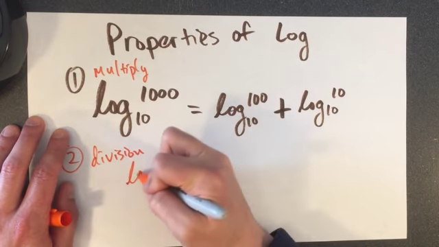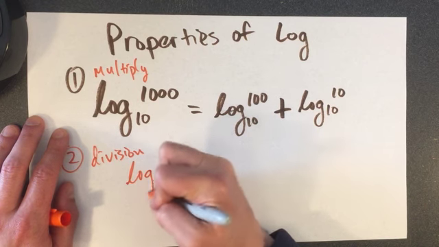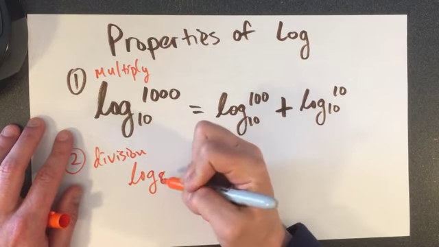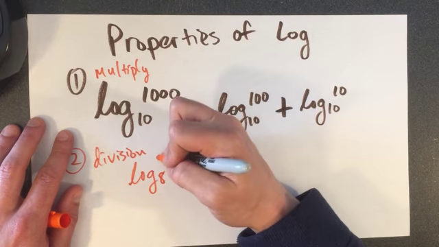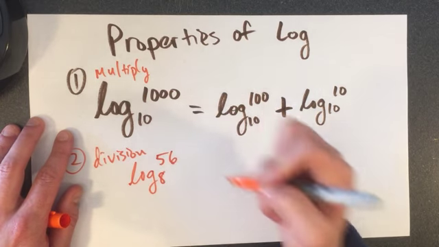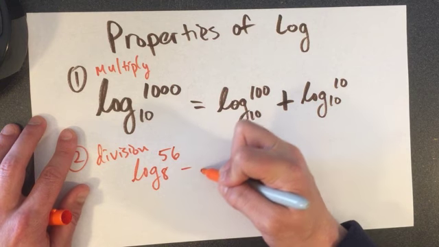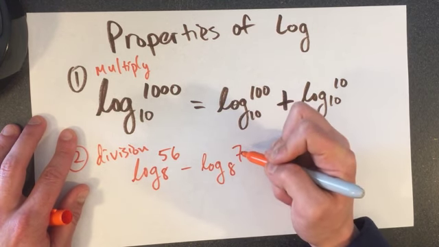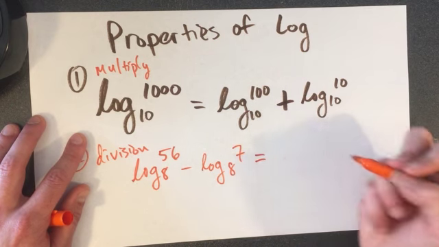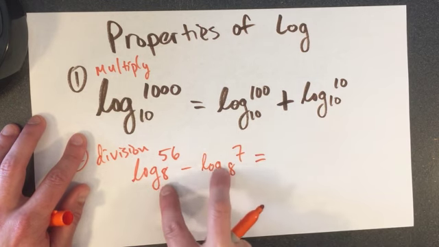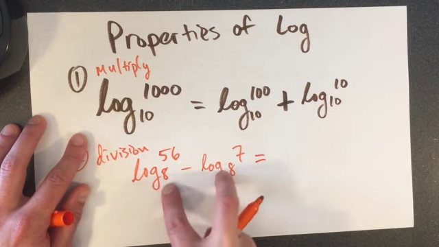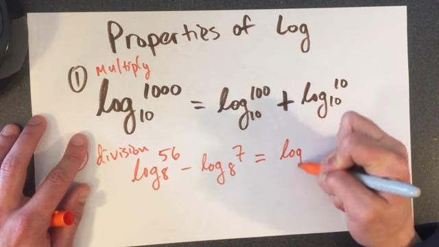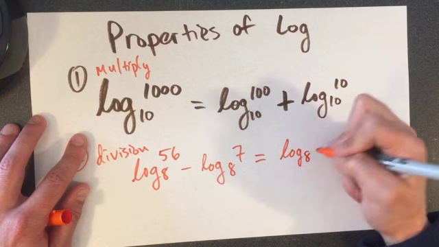Let's take an example: if I have log base 8 of 56 minus log base 8 of 7, we know that adding was multiplying, so in this scenario we're going to be able to divide them.